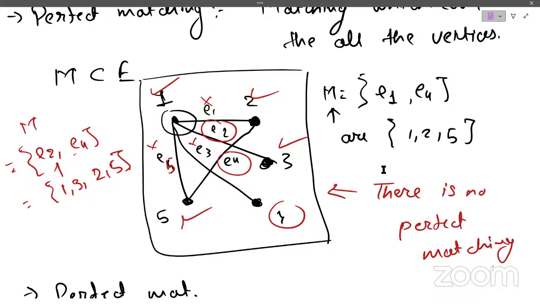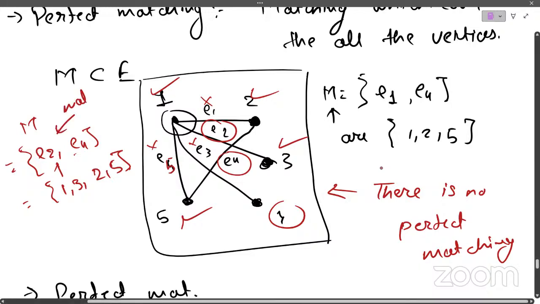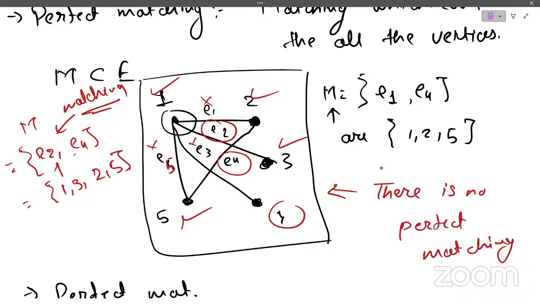So if I take a single edge as my subset, then that single edge is always a matching. So matching always exists. Perfect matching need not exist. For example, this is a matching, but it is not a perfect matching.